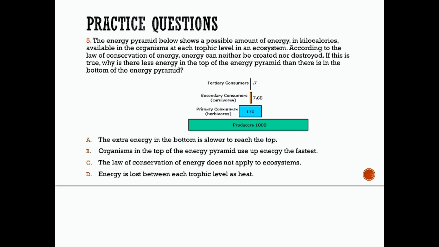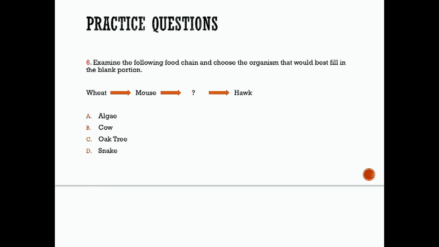And some of the energy is lost between each trophic level as heat. The heat energy is dispersed into the surrounding environment, and guess what? The producers are originally going to suck that heat energy back up through the sun. So it looks like we're looking at D. Energy is lost between each trophic level as heat.